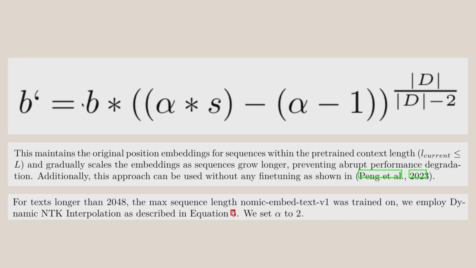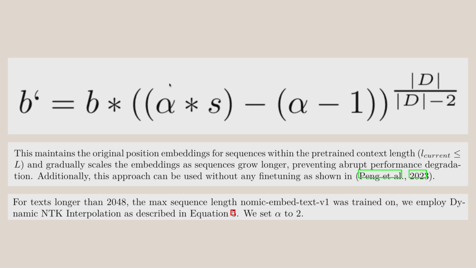The actual scaling they use, the dynamic NTK scaling, is this function here. And it's similar. You still have this S value, which is L prime over L. You still have your dimension divided by dimension minus 2 value, so that is the very slightly above 1.0 exponent. And then you have this alpha value that you're tuning as a hyperparameter, and they set their alpha value to 2.0.